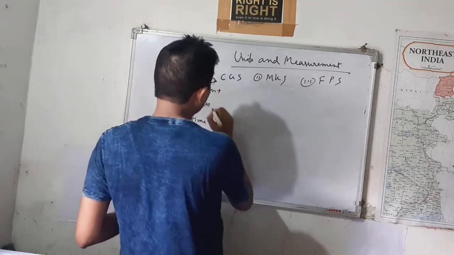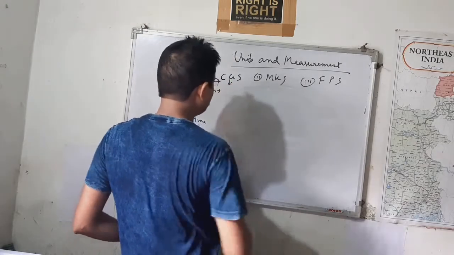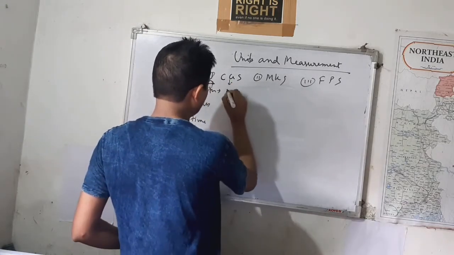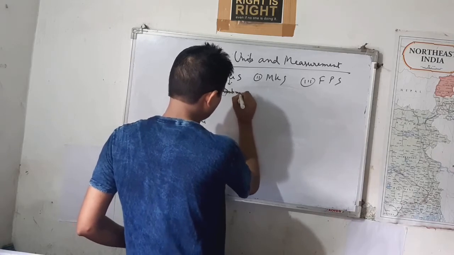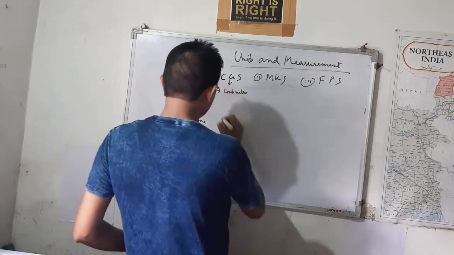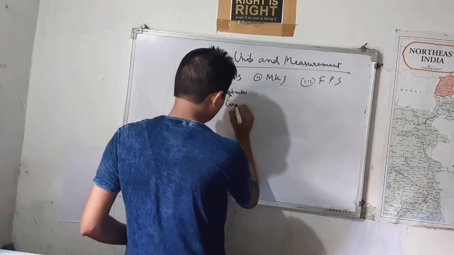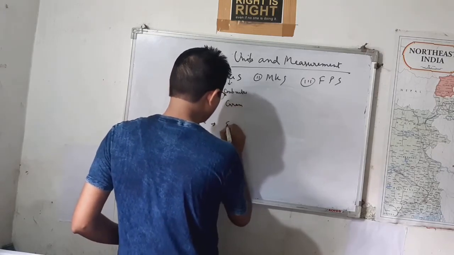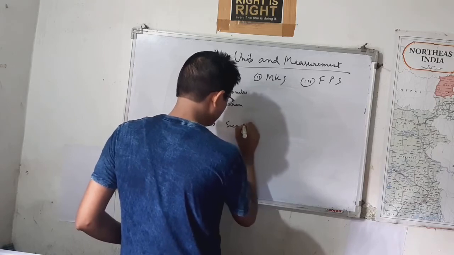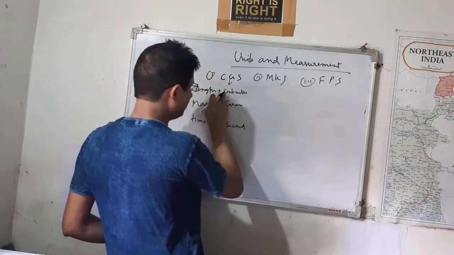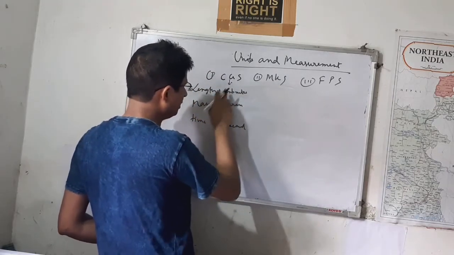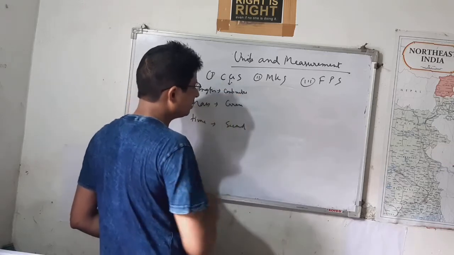In the CGS system, the unit of length is centimeter, the unit of mass is gram, and time is second. So C from centimeter, G from gram, S from second.